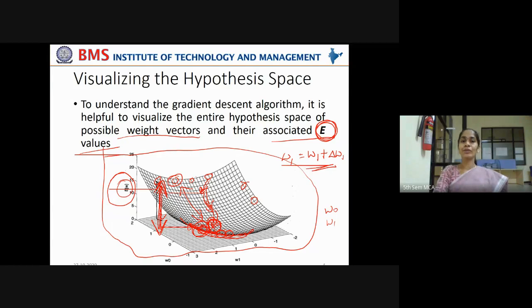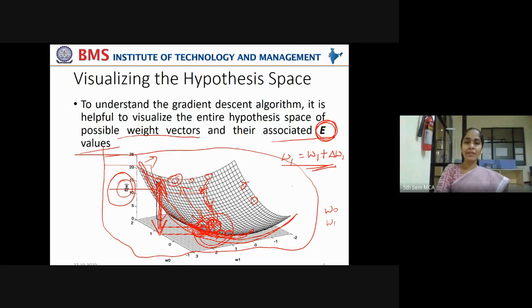That is how you need to understand this hypothesis space. Wherever you take the hypothesis space and calculate the prediction error, you can represent it like a parabola. Initially this is like a parabola, right? So you start somewhere here and try to reach the global minimum.